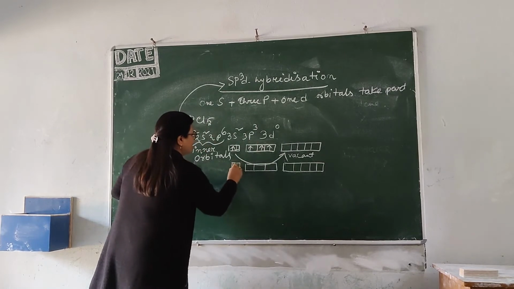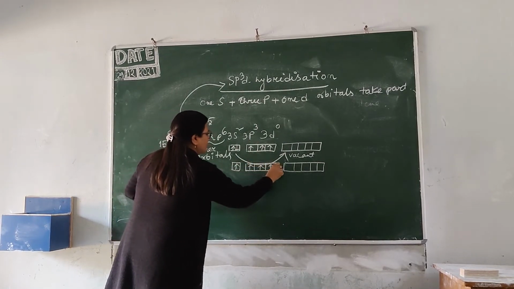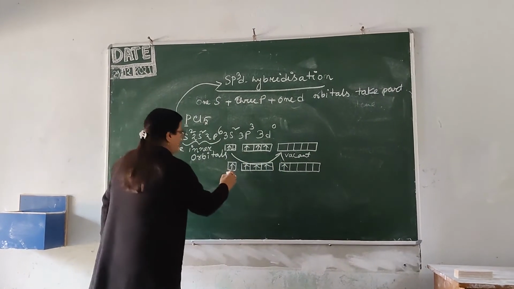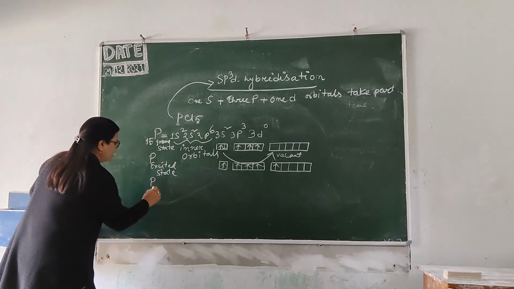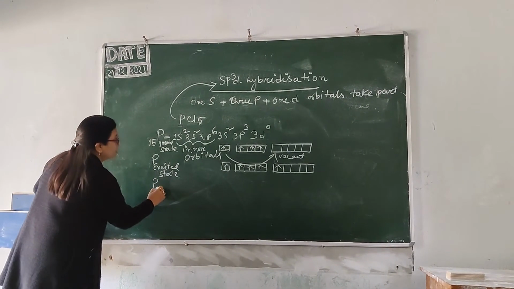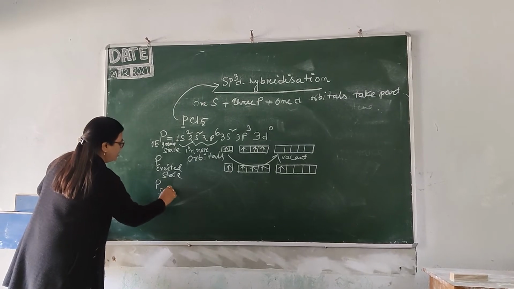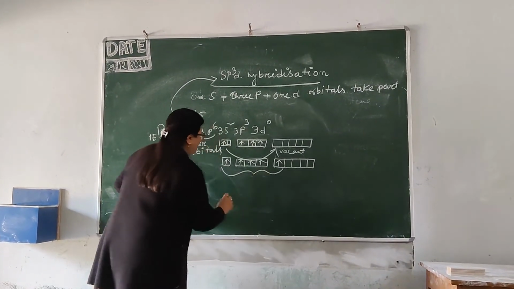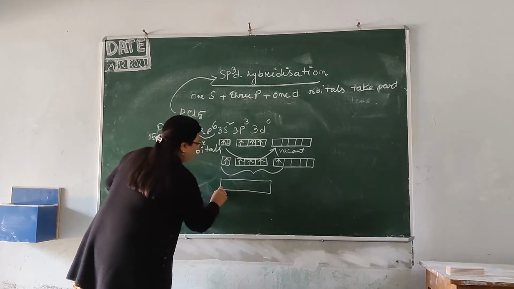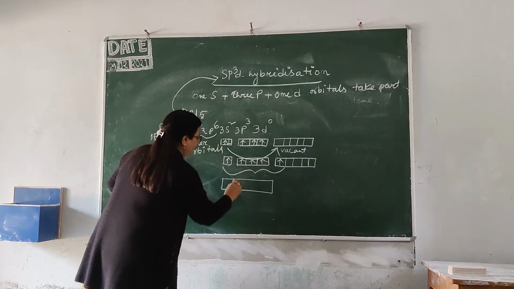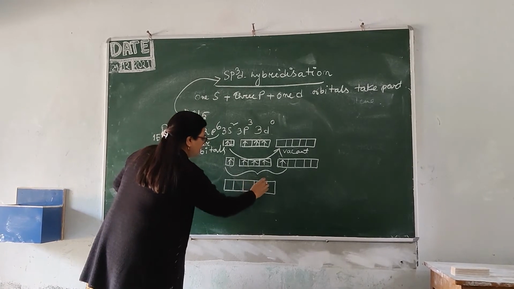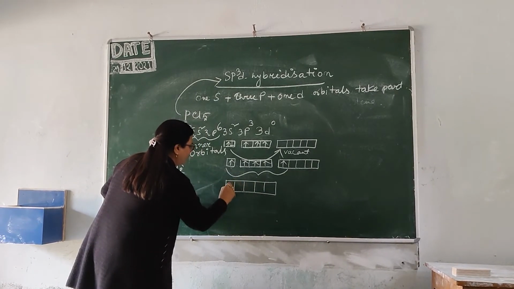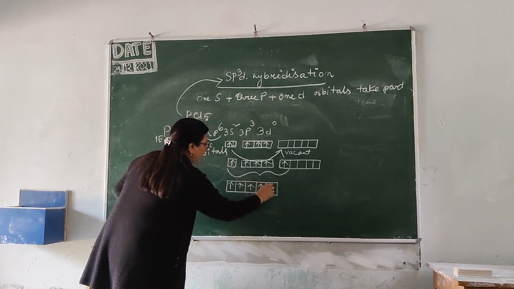Now in the excited state, the hybridization state, sp3d hybridization will form: 1, 2, 3, 4, 5, where there will be 5 unpaired electrons.